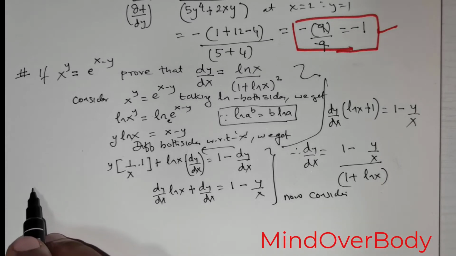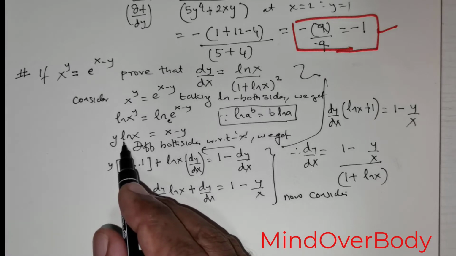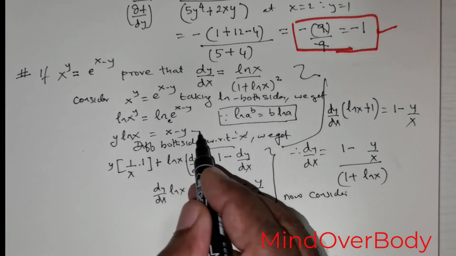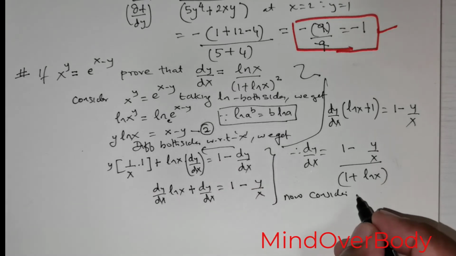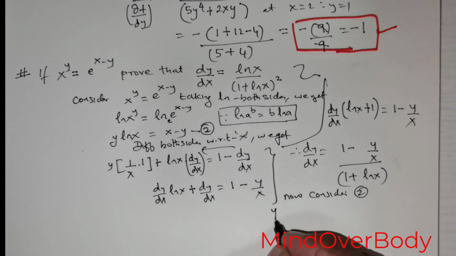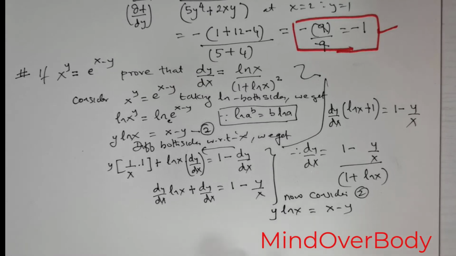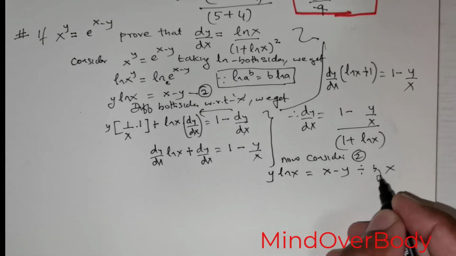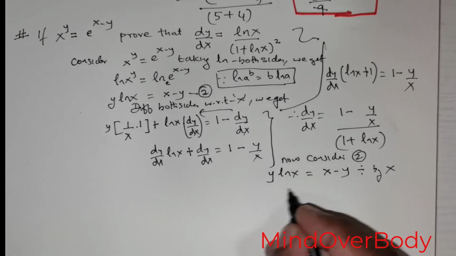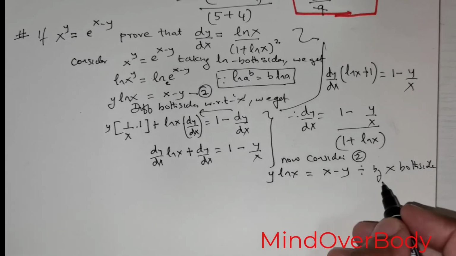By considering the system. So this is what I'm going to consider. Consider 2. So what we got? We got y times ln x is equal to x minus y. Now I will divide by x on both sides.